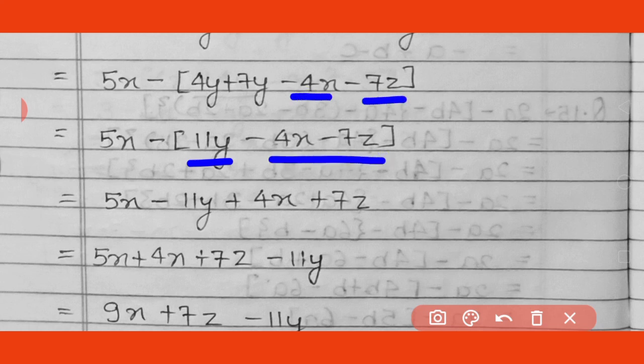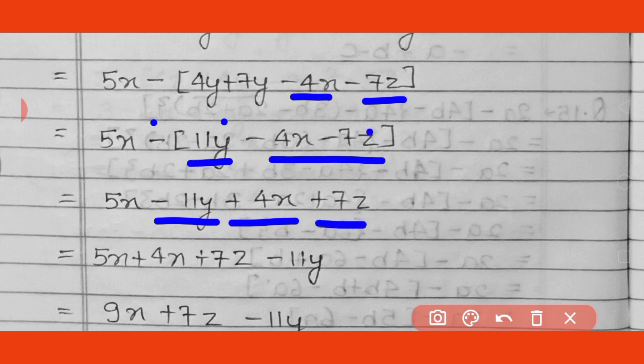So when the bracket will open, their sign will again change, because a minus sign is outside. So plus 11y changes into minus 11y, minus 4x changes into plus 4x, and minus 7z changes into plus 7z.